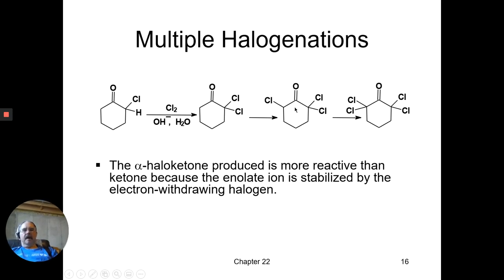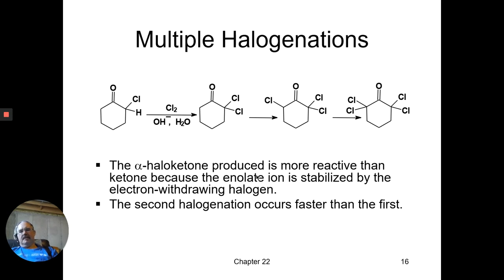And then we have halogen substitution on the other side. And then the same thing is true of this remaining hydrogen. This is now even more reactive than it was when the chlorine was not present. And so the second halogenation can occur faster. It does occur faster than the first.